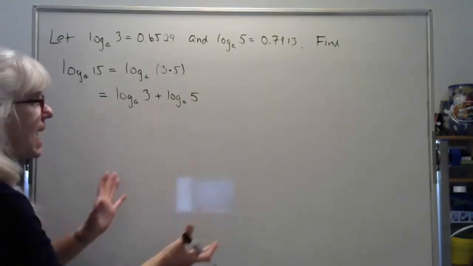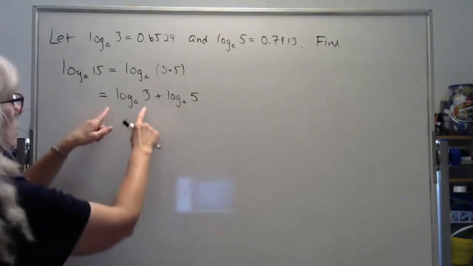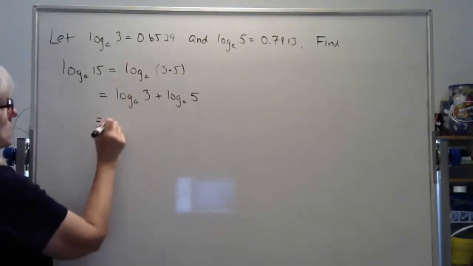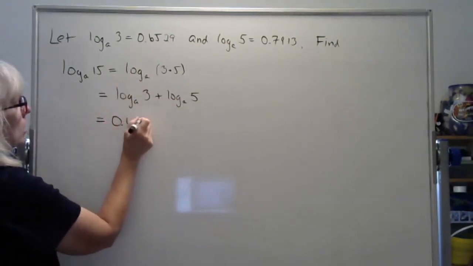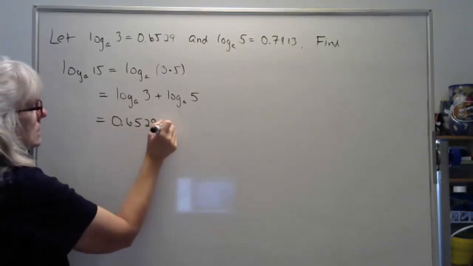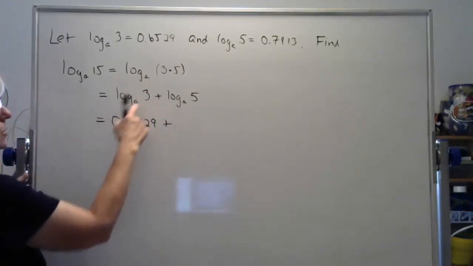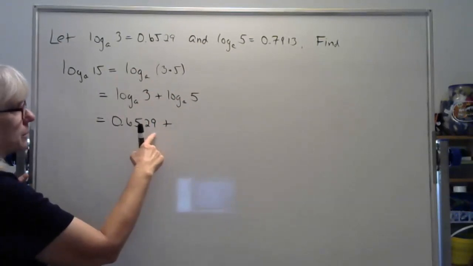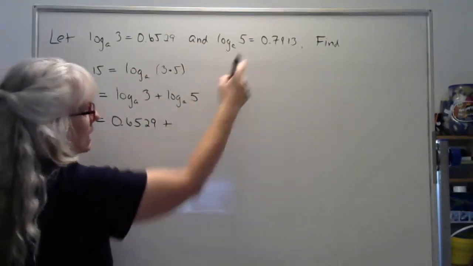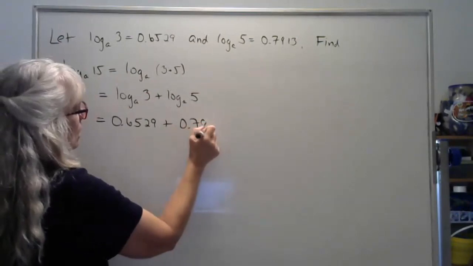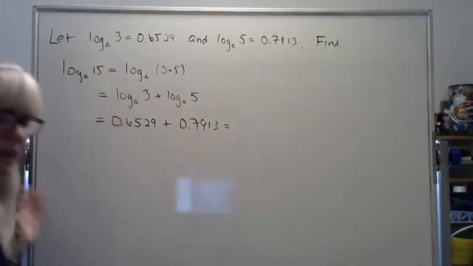The minute you have that, you can now do the replacement. We know that log base A of 3 is equal to a decimal. So I'm taking out the entire logarithm and rewriting it as its decimal equivalent. So log base A of 3 is 0.6529. Log base A of 5 is 0.7913. So I've taken out all the logarithms.